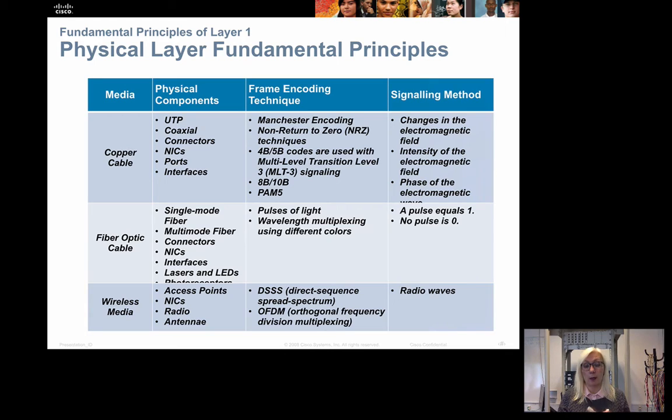And in wireless media, well then we have different types of how to modulate and how to encode zeros and ones as well, depending on what kind of a protocol, whether it's 802.11a or g or ac or whatever we are using. But basically we are just sending it out as radio waves when we are using that.